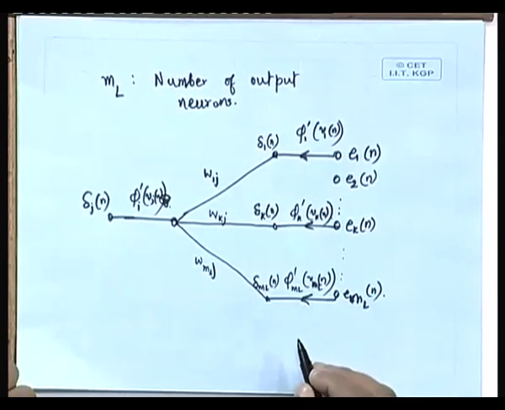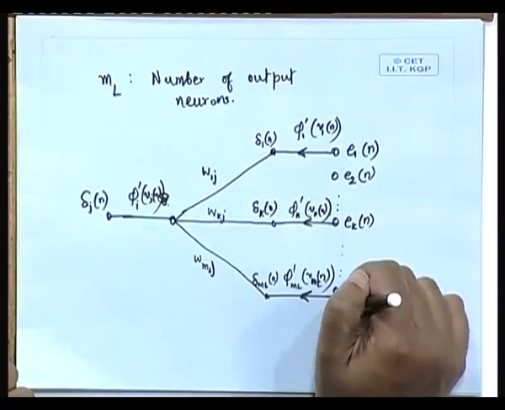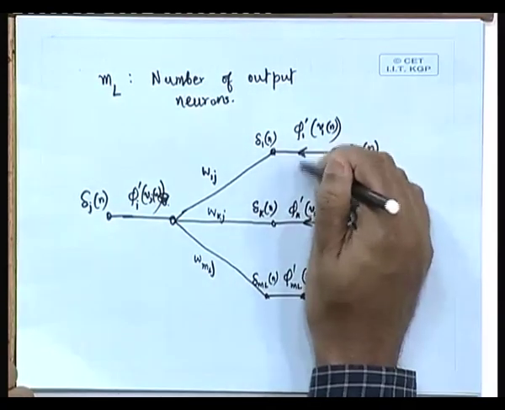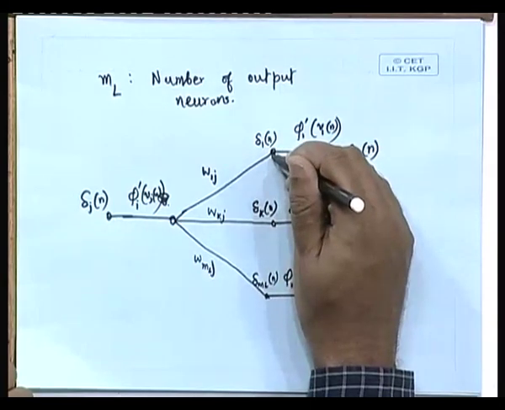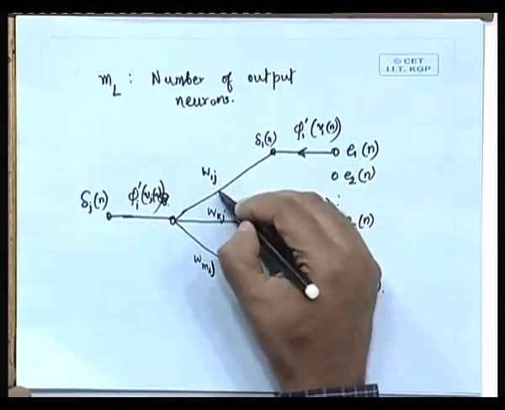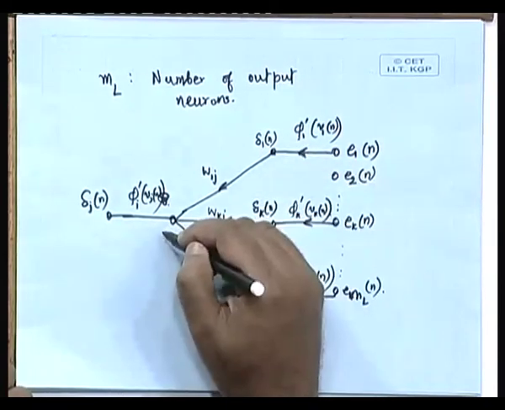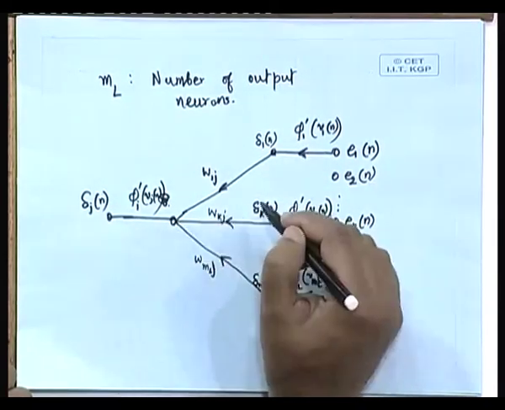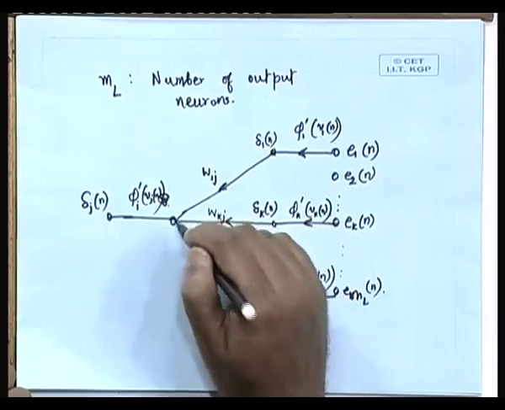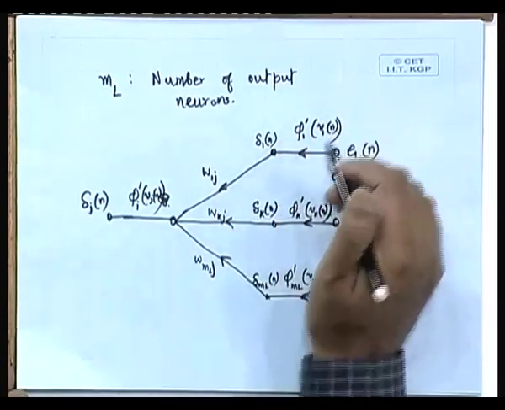directions also. We are first starting with the error terms, multiplying the errors with their derivatives, with the derivatives of the activation functions, getting all the local gradients, multiplying the local gradients by the synaptic weights from the jth neuron to all the output neurons, okay.